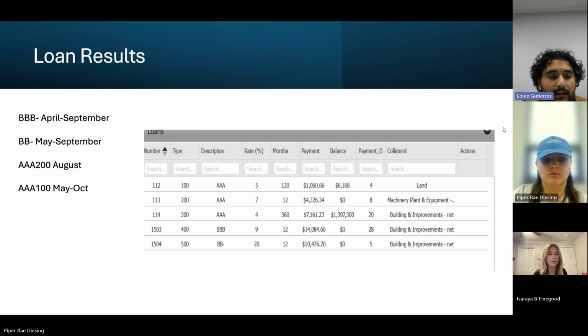The AAA we got down to, and then which one was it? This one we didn't really get to pay off, but we were really close to it. And then obviously the $1 million one, we kept doing it, but we just kept leaving it off for towards the next simulation.